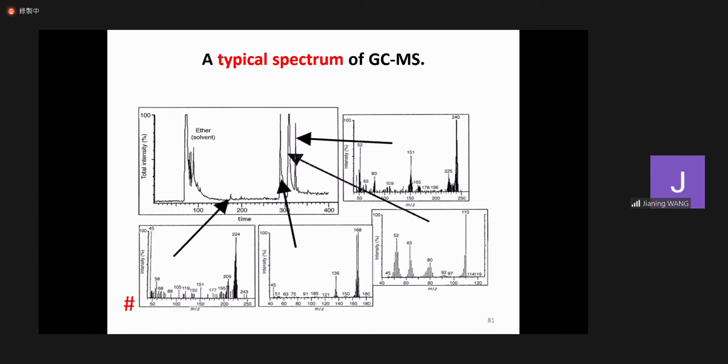From fragments we can get their structure information. So that's a very powerful way to do both quantitative analysis and qualitative analysis, and do some molecular identification. This is quite an important feature of the mass spectrometer.